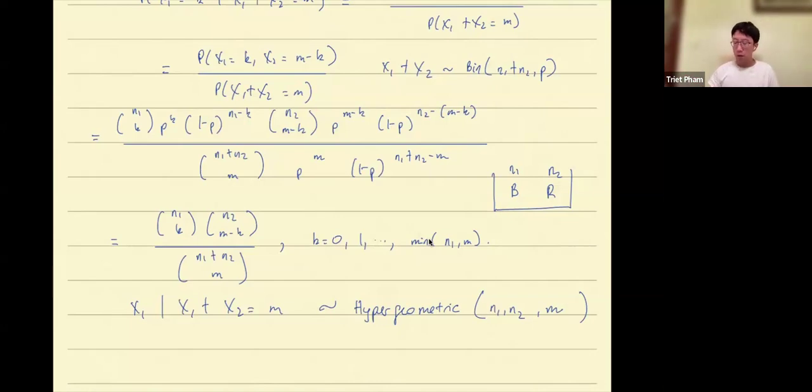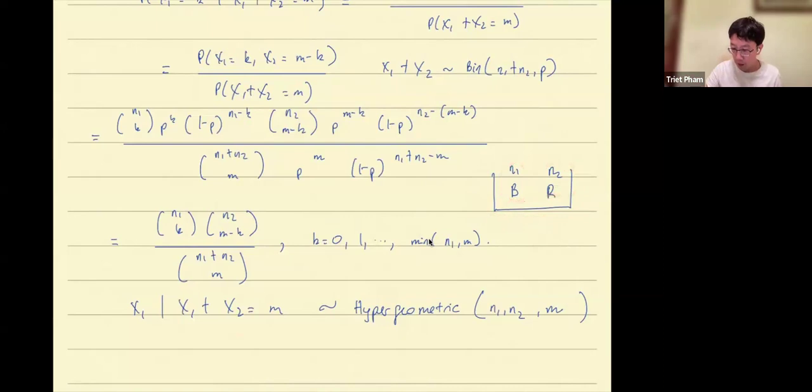So it goes as follows. Basically, it's actually this picture too. You have two groups in the experiment. One group with N1 trials, one group with N2 trials. That's what X1, X2 stand for.